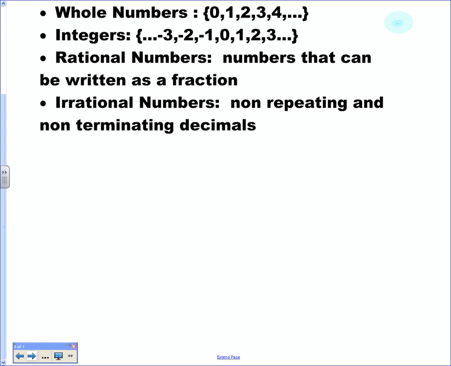That's a rational number, because it's a fraction. Square root of 2, does it repeat? I get 1.414213562, so it doesn't repeat, so it's irrational.